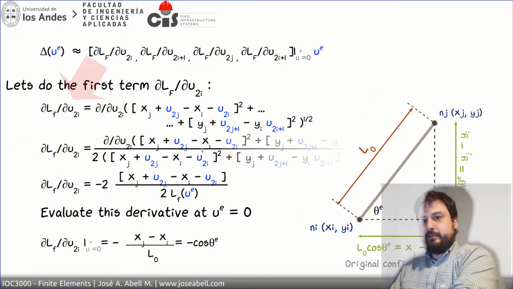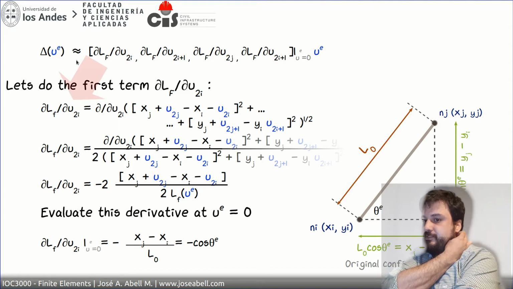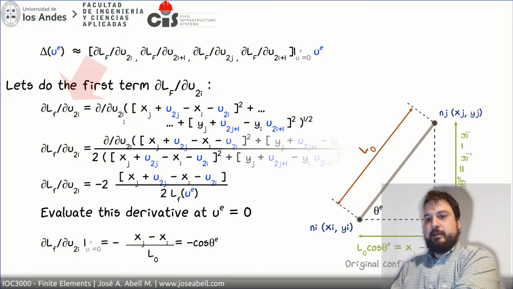Now, we've got this approximation for the change in length of the bar. And let's figure out a few of these partial derivatives. If you inspect, for example, the first one is the derivative of this thing with respect to this degree of freedom, u2i, so that's the first degree of freedom at the I node.